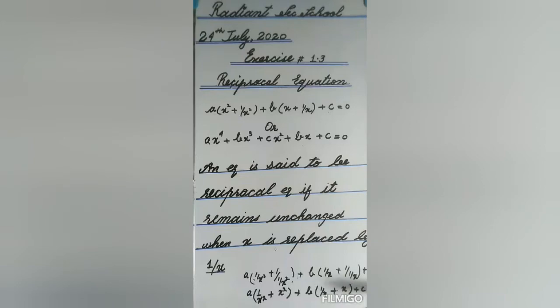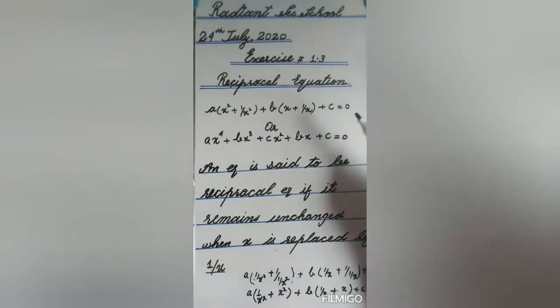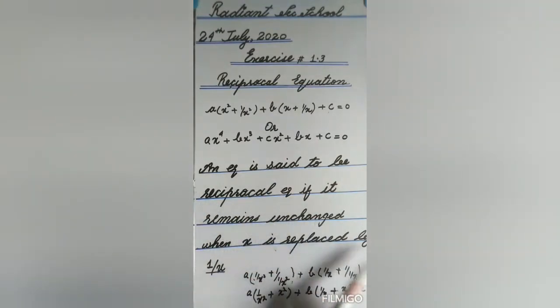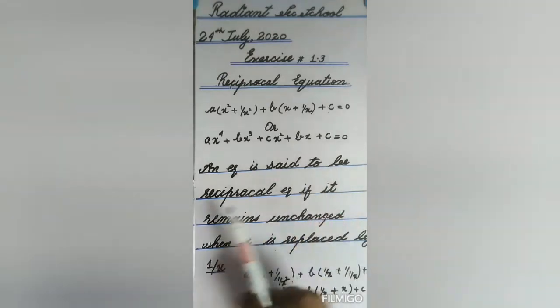So we can define this reciprocal equation as: if we replace x by 1 by x, then there will be no change in the equation, then such an equation will be called a reciprocal equation. Now what is the reciprocal equation? An equation is said to be a reciprocal equation if it remains unchanged when x is replaced by 1 by x.